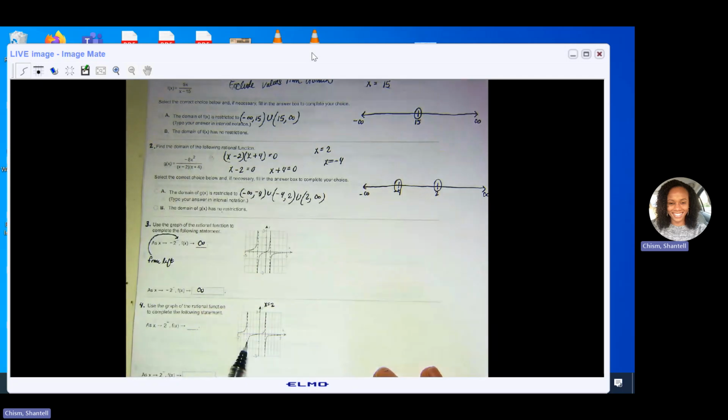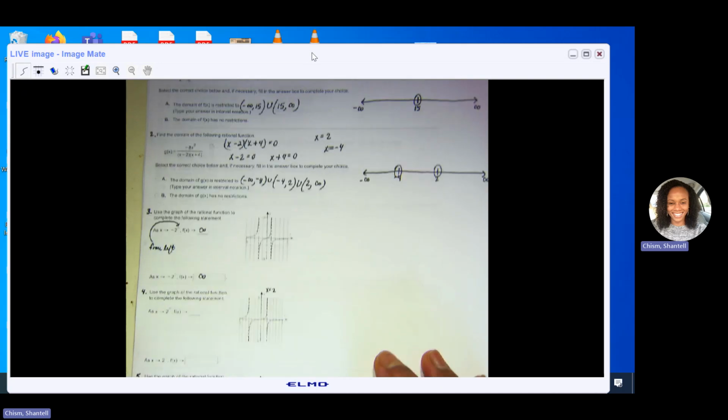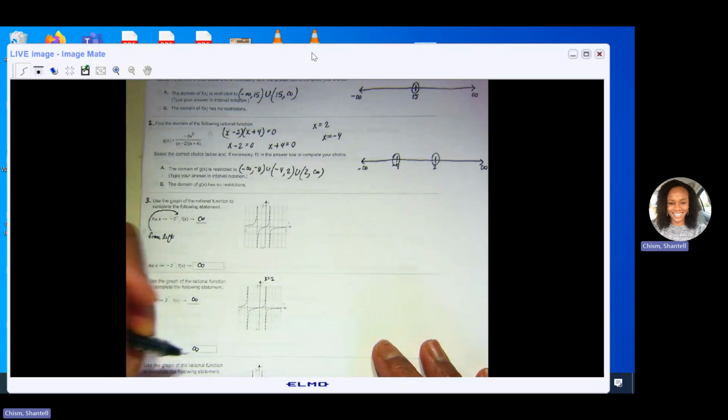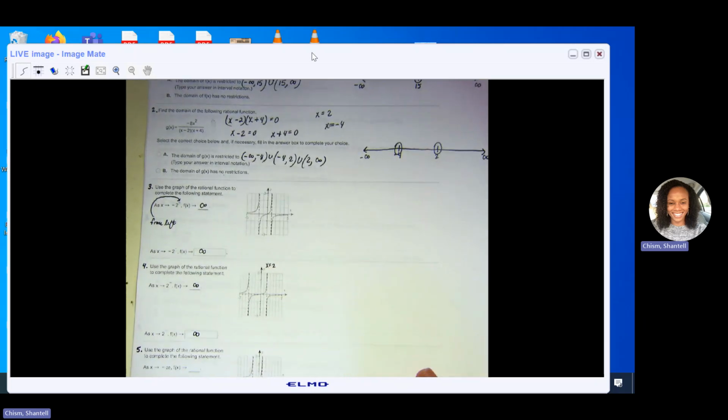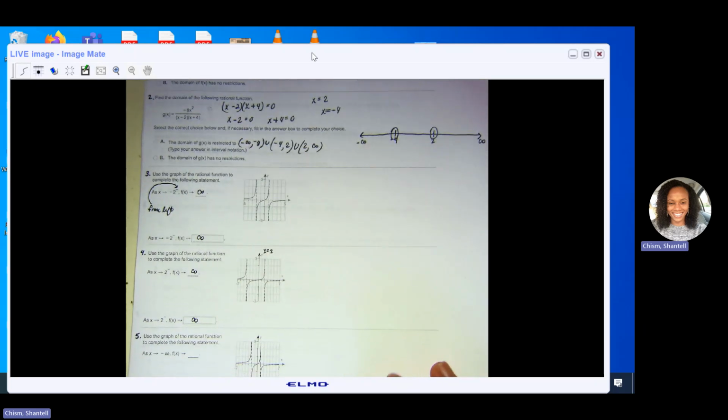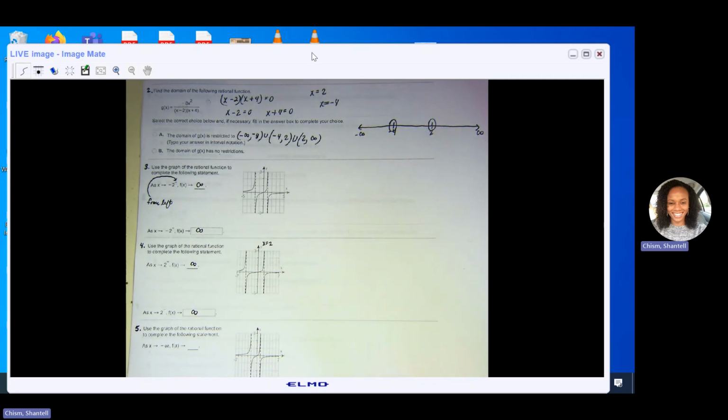As x approaches it from the left, here we are getting closer and closer. I'm on the left side of it because here's the asymptote. Here I am on the function from the left. Then as we get closer and closer to 2, the function is increasing without bound. So it's headed towards positive infinity. Increasing without bound means headed towards positive infinity. Decreasing without bound would mean it's headed towards negative infinity.